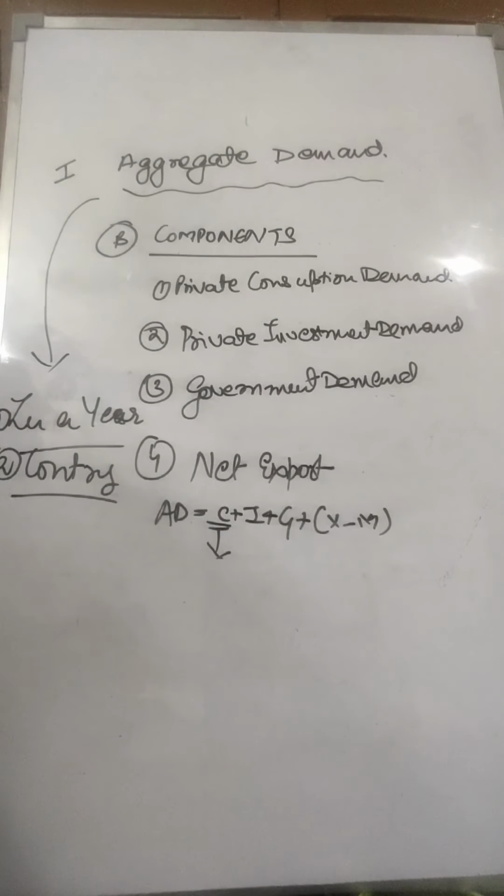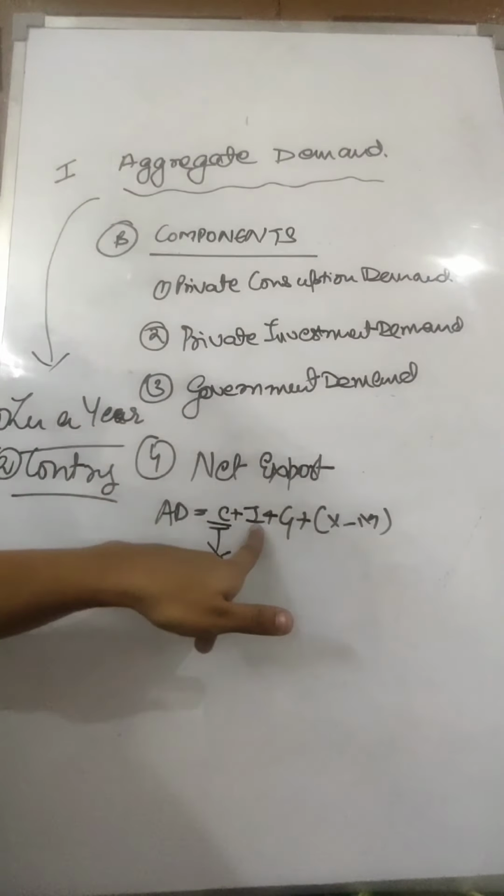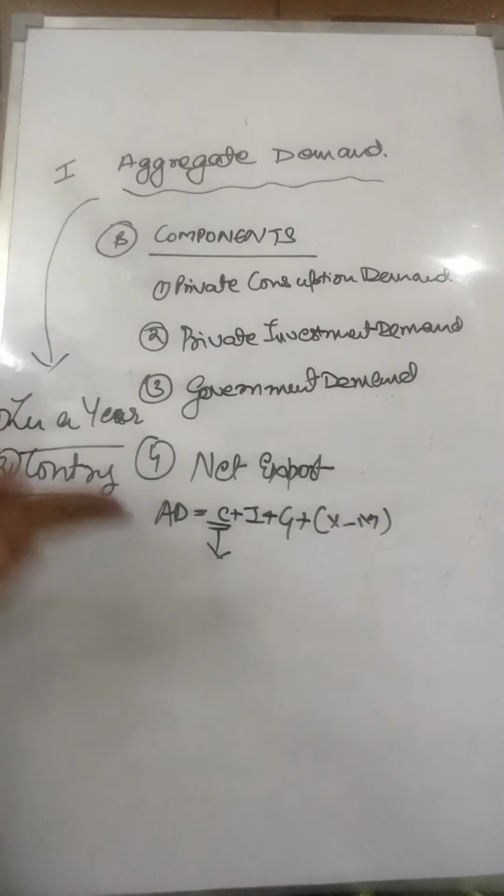What is this I? This I is the investment done by people. What is G? G is the government demand, or you can say government expenditure. Then X minus M is net exports, that is exports minus imports, the net value. So we are calculating it as net exports.